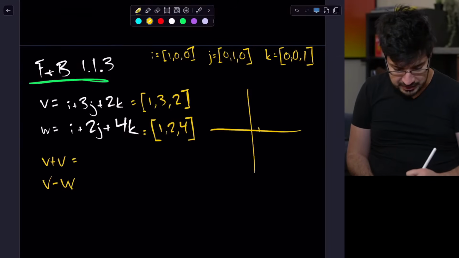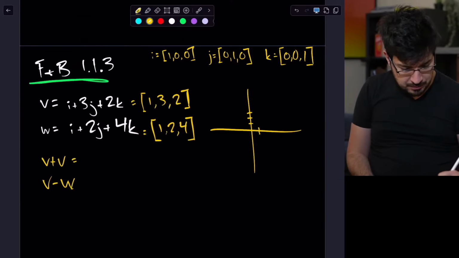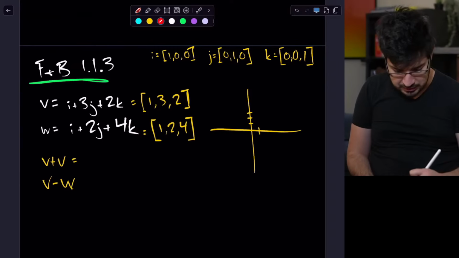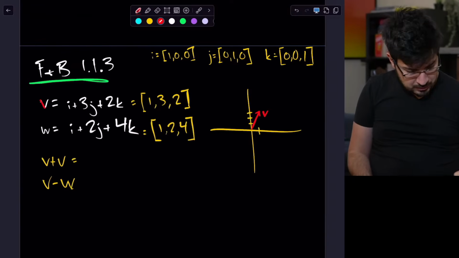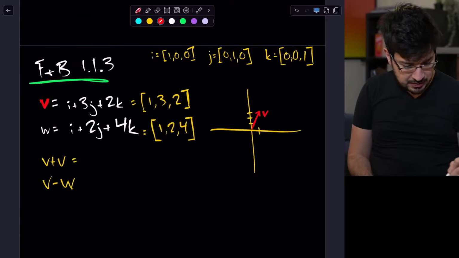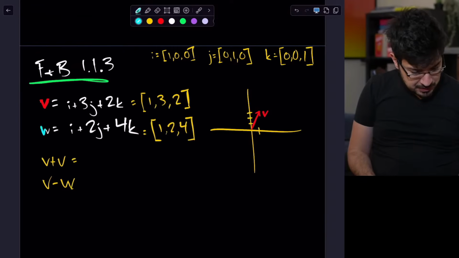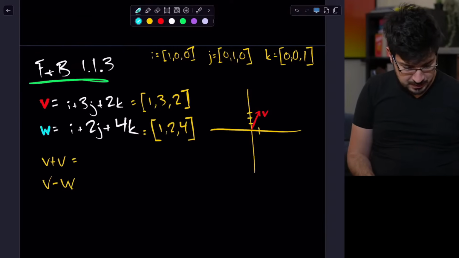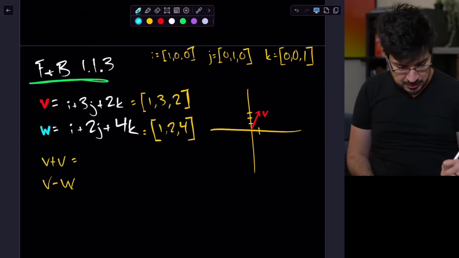So v is at 1, 3. Let's give it a different color just for funsies. Here is v. v is red. And now w, maybe w is the blue one. 1, 2, comma, 4.